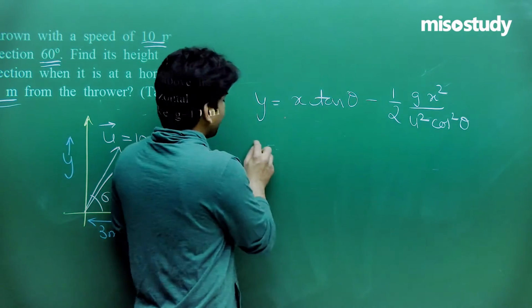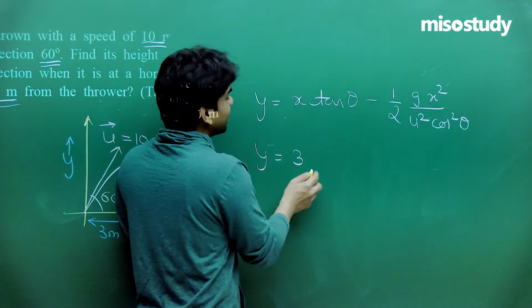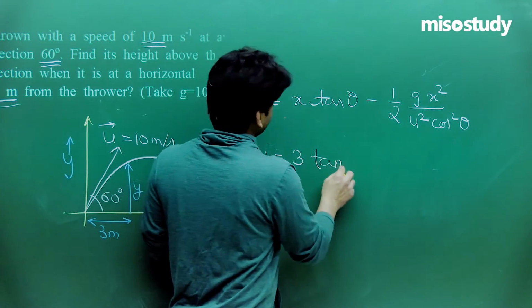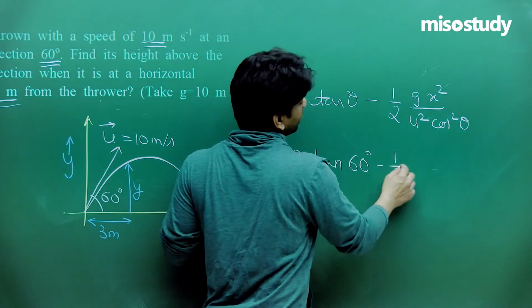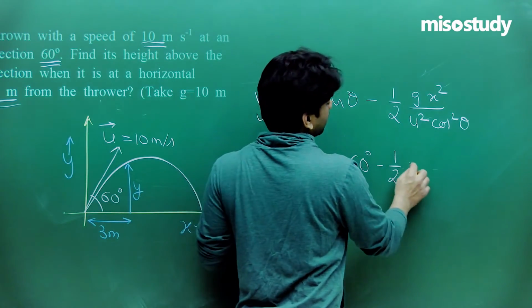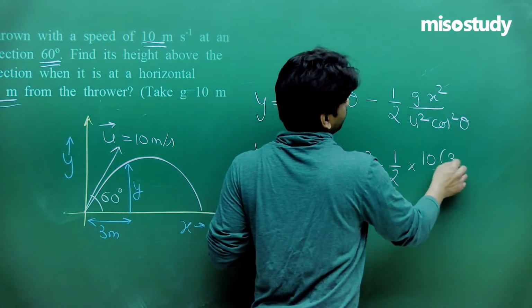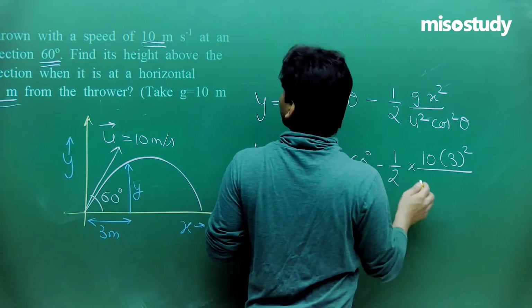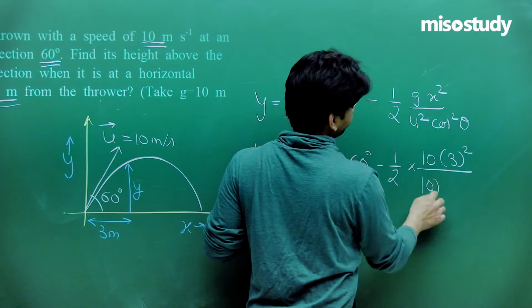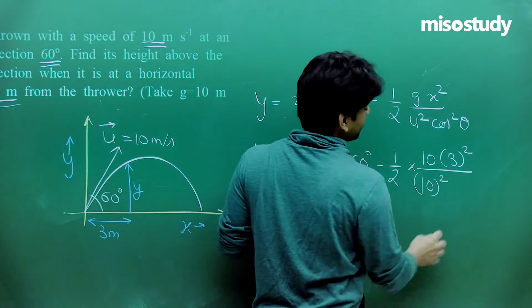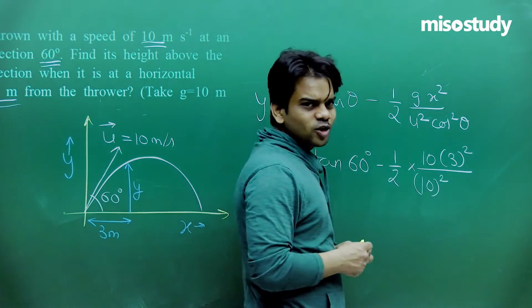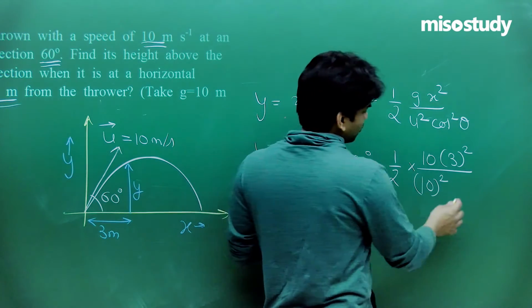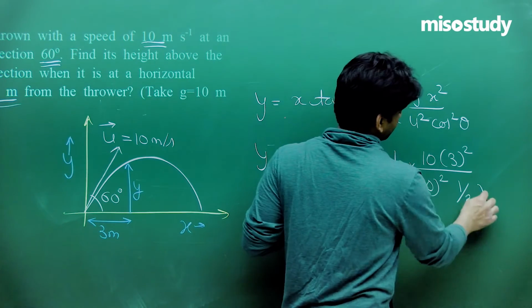So if I put in all the values, x equal to 3, tan theta, so I have to put theta as 60 degree because that is the angle of projection, minus half g x square, so we have to put 10 into 3 square, u is 10 meters per second, and cos square theta, cos 60 degree is equal to 1 by 2. So shall I write directly 1 by 2 whole square.